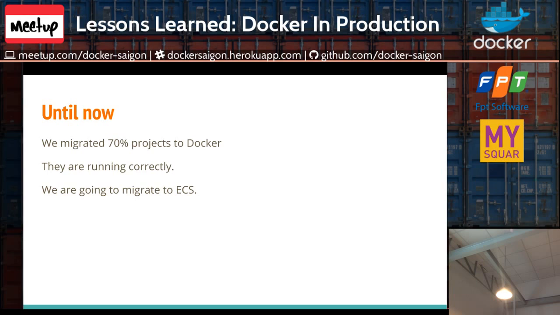I have a question. Should we create a powerful instance and deploy multiple containers into that, or create multiple smaller instances, each of them with just one container? You mean we must build a small instance with one container each? I think it depends.